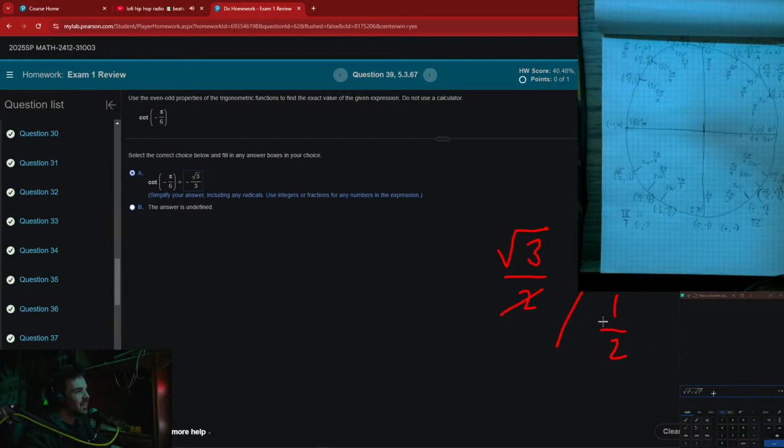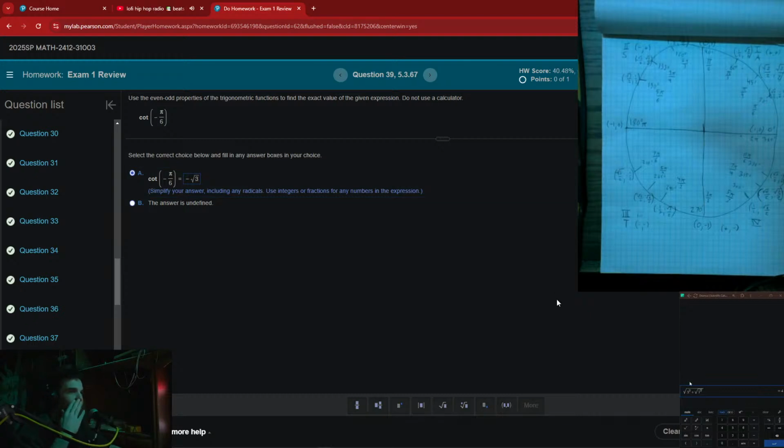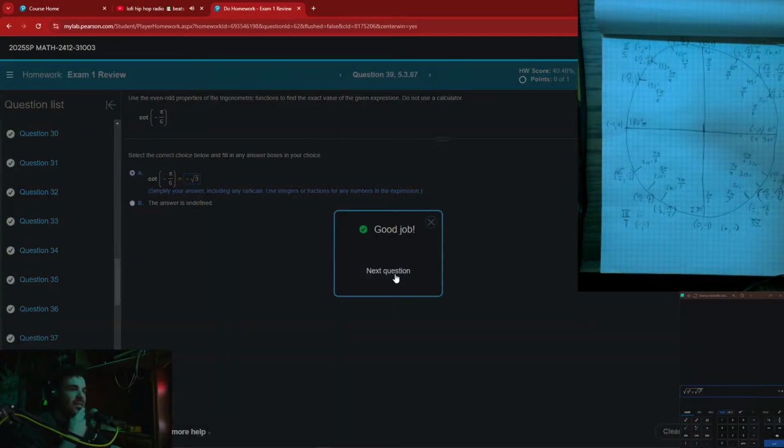Cancel the 2's. We got square root of 3. But it's negative because of the even-odd properties of trigonometric functions. I hope. Nice.